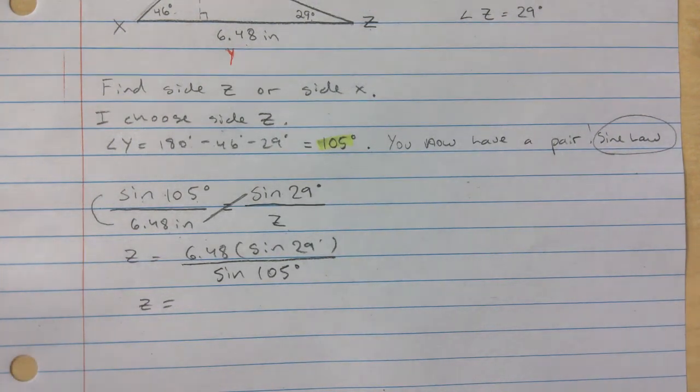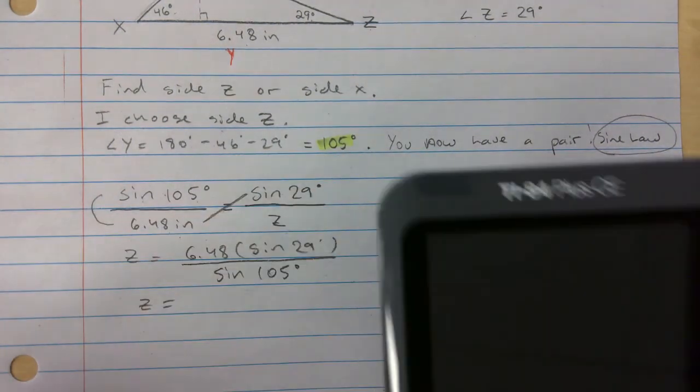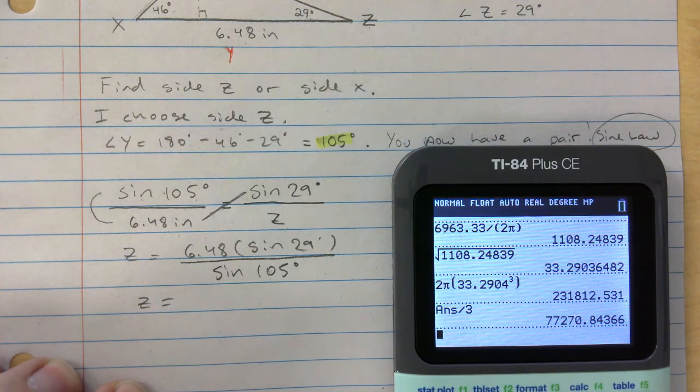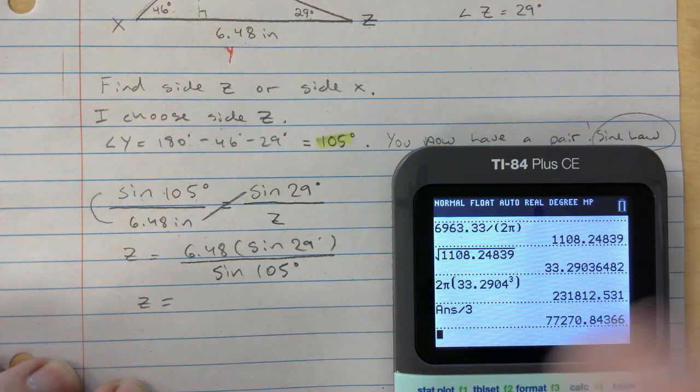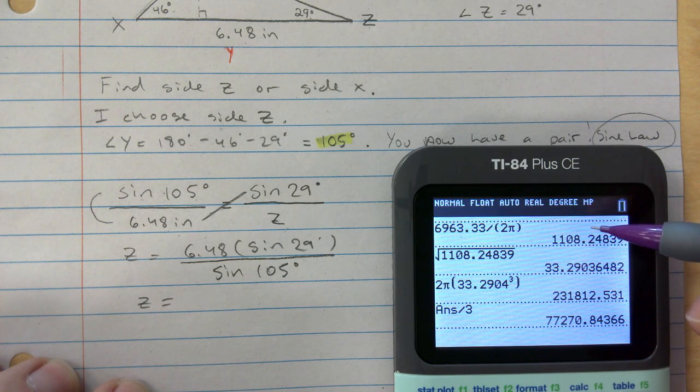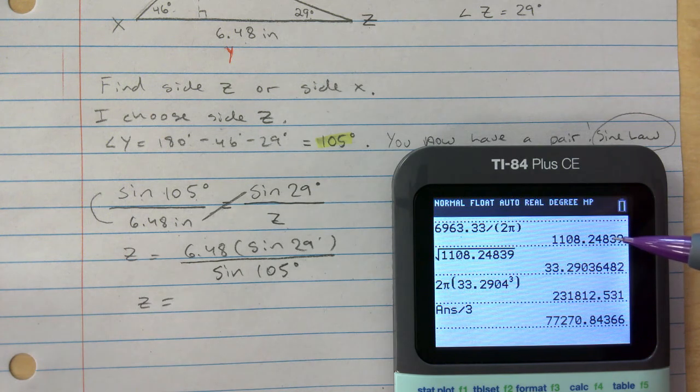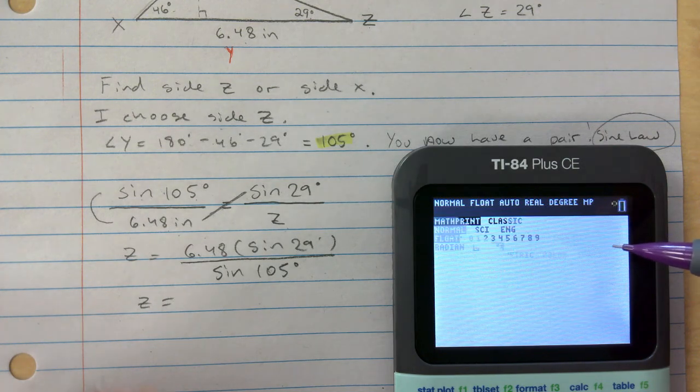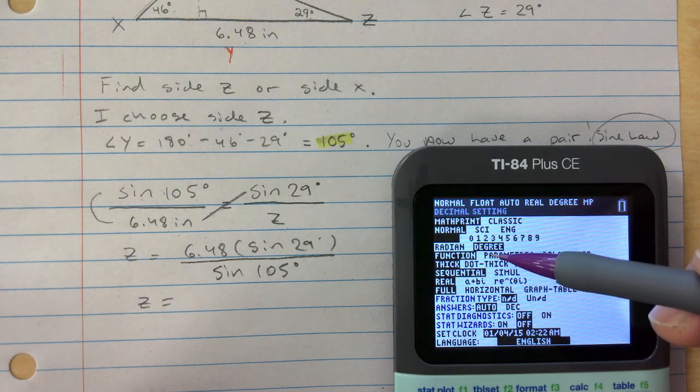So Z is, let's type that in. Oh, I should mention that you need to make sure you see degree up here. If that's in radians, if your calculator has been used by a grade 12 student, then it will be in radians. So you got to go to mode and make sure you change that to degree.